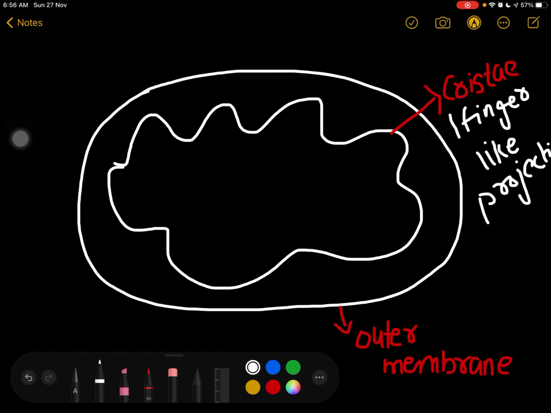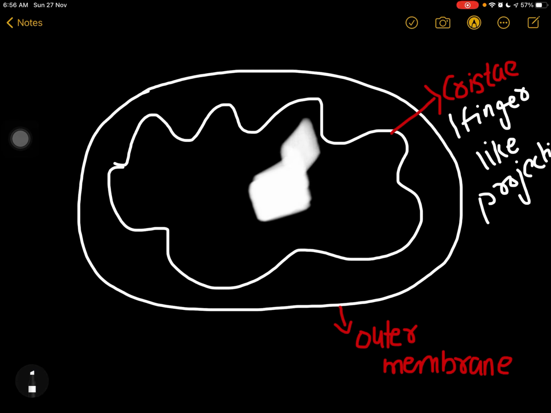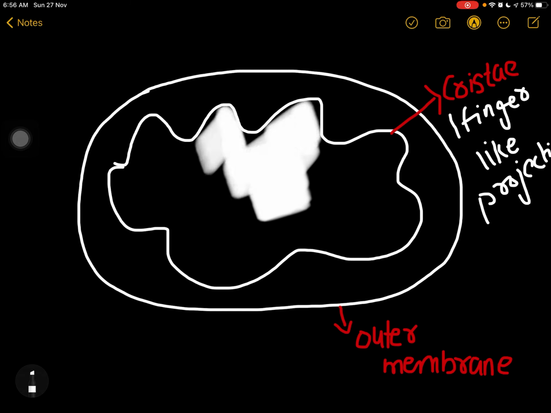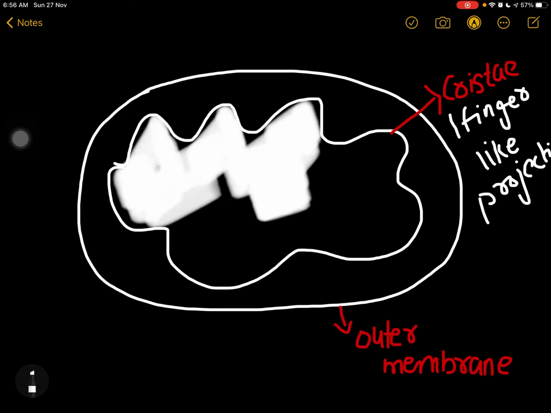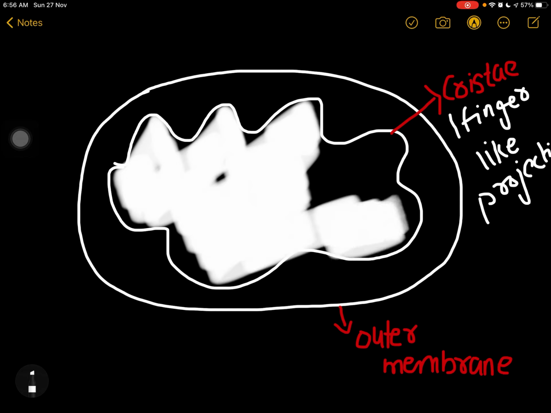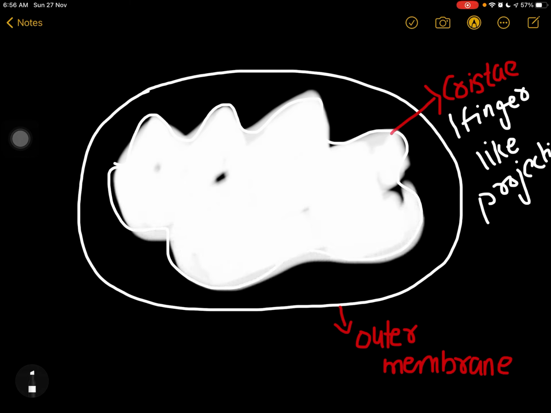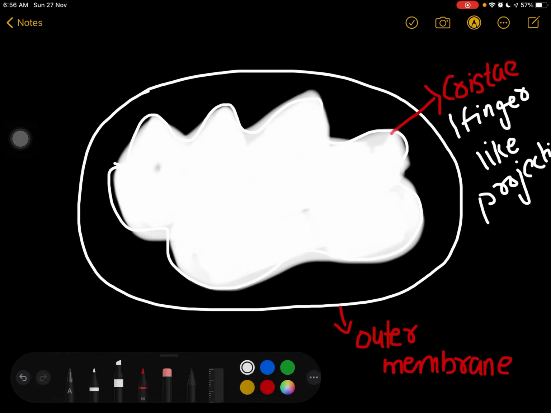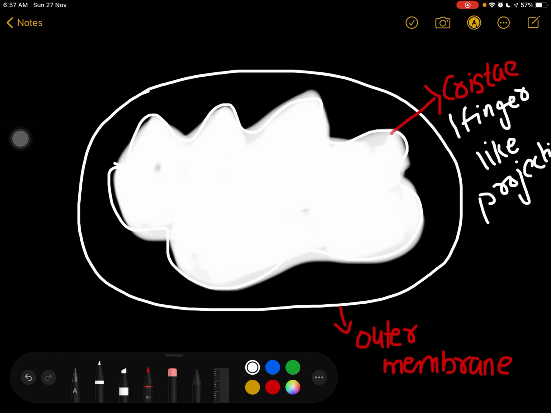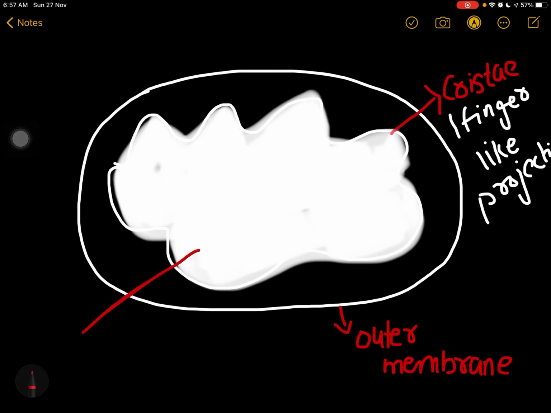Now inside this we are having the matrix. Let me fill this with matrix. This is known as matrix, right?